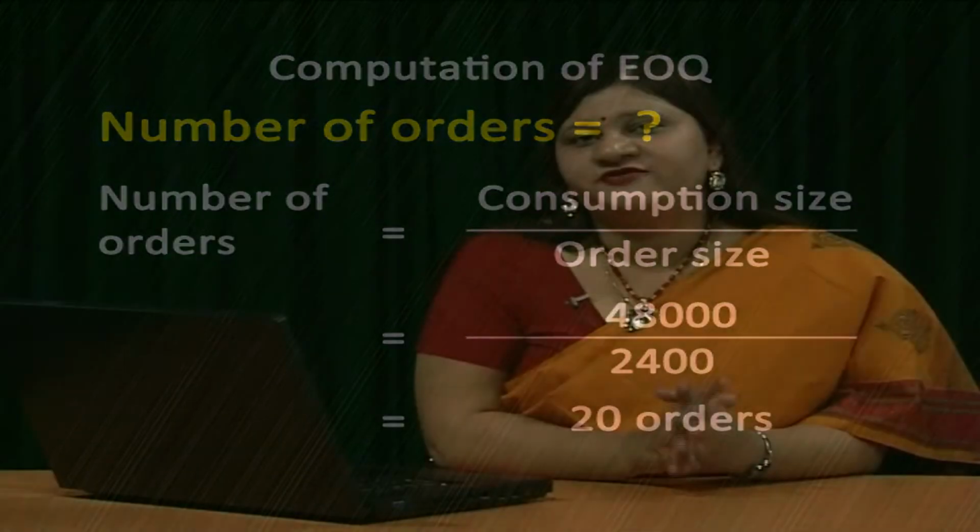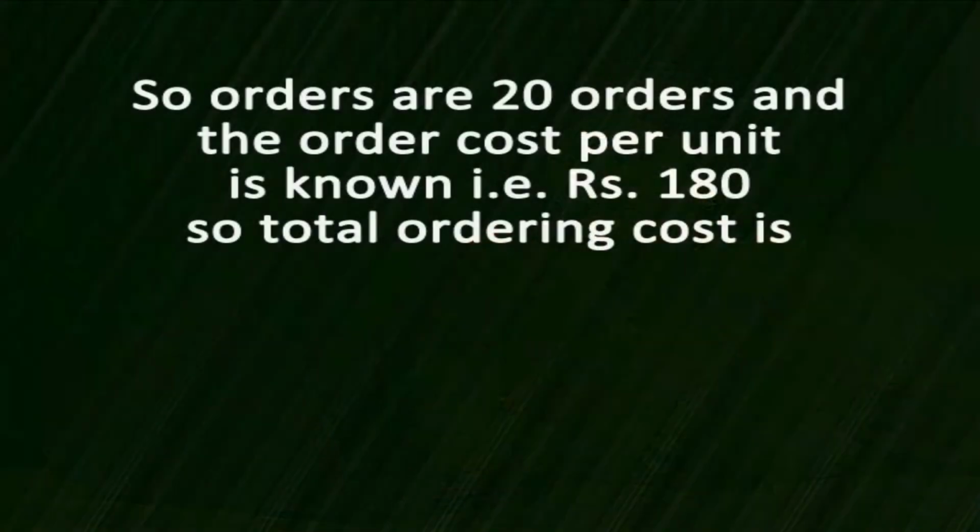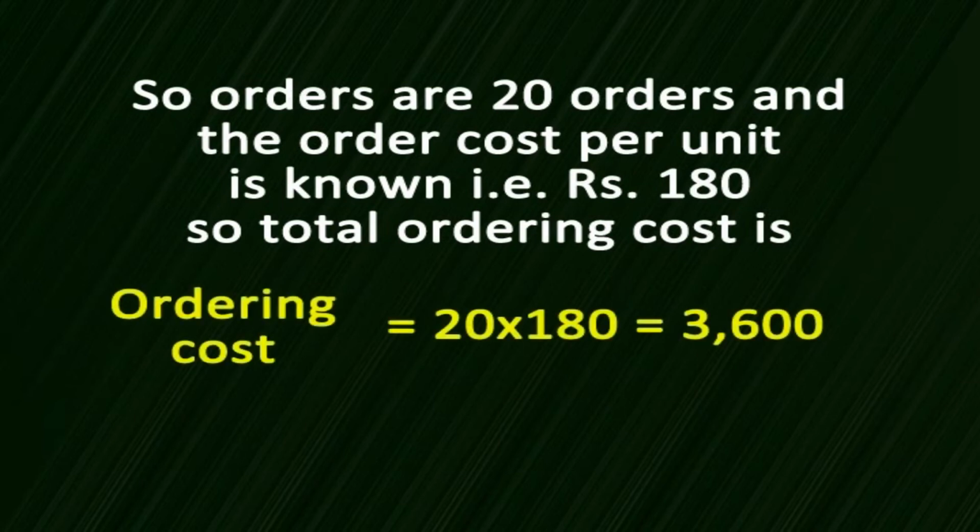It means we need to place an order 20 times to get 48,000 units, and each time we have to ask for 2400 units. So the orders are 20 and the cost per order is rupees 180. So total ordering cost is 20 into 180, which is equal to 3600.